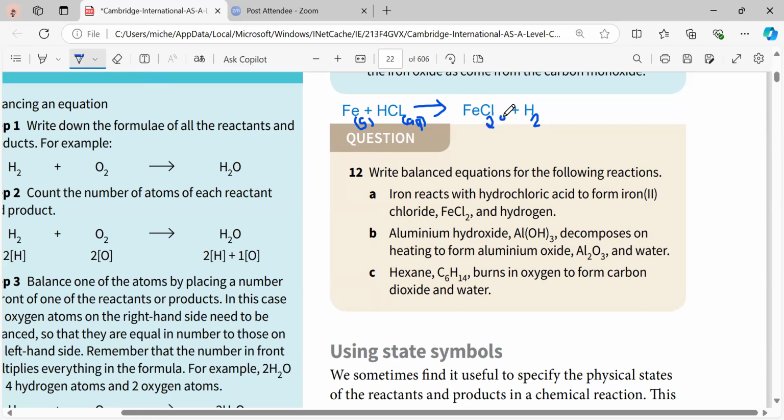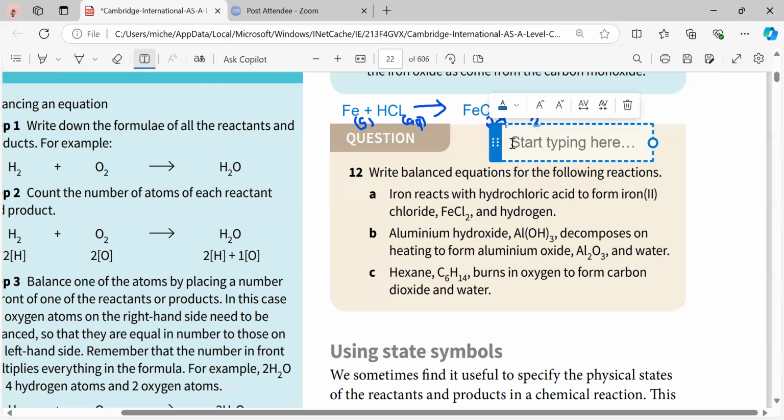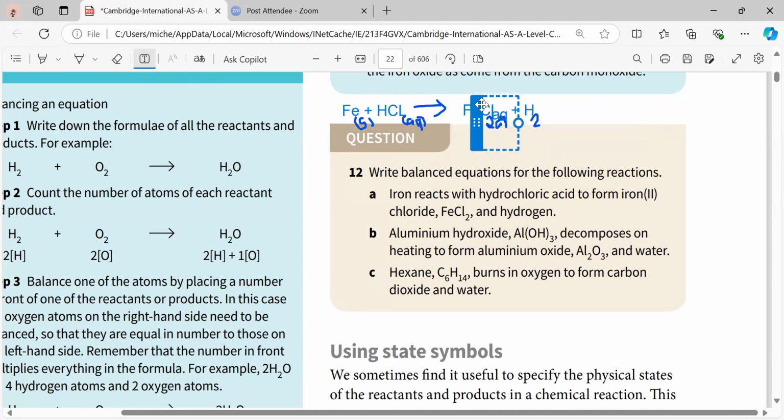And now we're going to add aqueous right here, and this is AQ. I hope you can understand my handwriting. I'm just really bad at writing it. I'm going to see if I can just type this in and make the words smaller. So this is technically something like this.